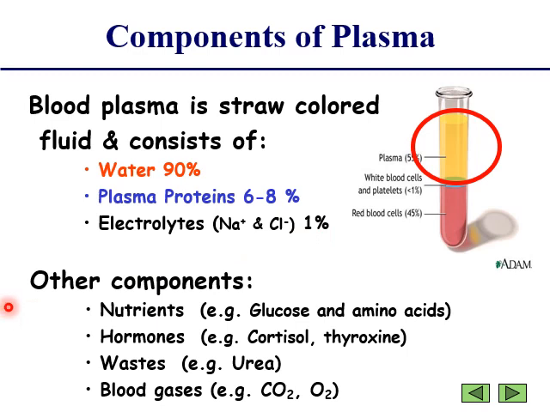Other components present in the plasma besides these three main ones are nutrients like glucose, amino acids, fatty acids, hormones, a list of hormones, waste material like urea, uric acid, creatinine, and important blood gases, carbon dioxide and oxygen. They are also transported in the blood in the plasma. Okay, so these are the components of the plasma.